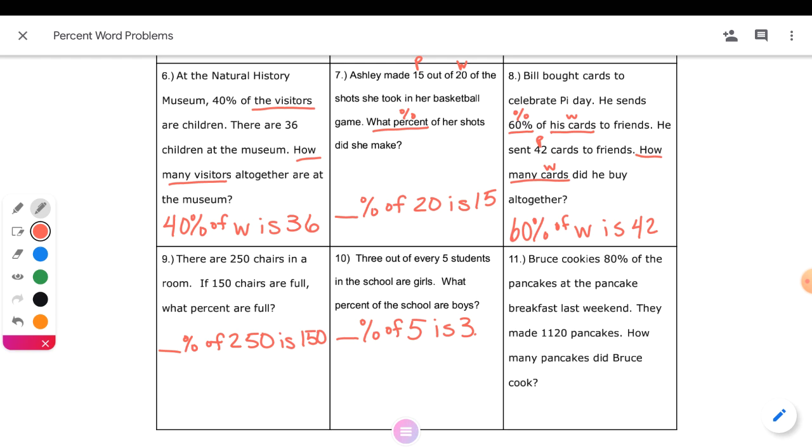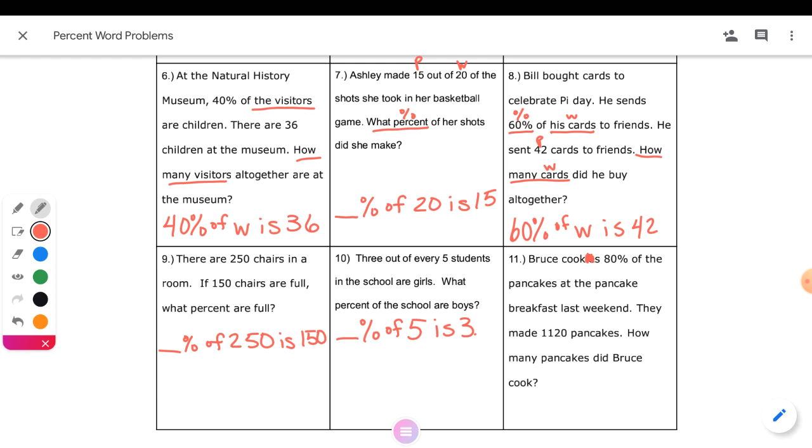Number 11. Bruce cooks 80% of the pancakes at the pancake breakfast last weekend. They made 1,120 pancakes. How many pancakes did Bruce cook?